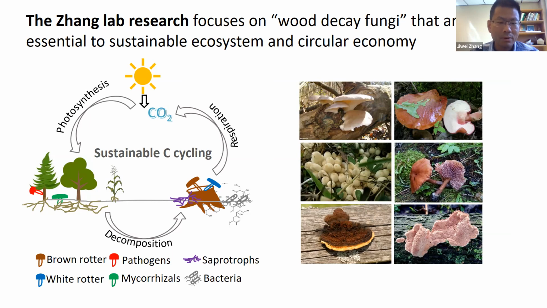In that case, we would need to build our own sustainable carbon cycling system, and we would probably have to include decomposer fungi to achieve carbon cycling on another planet.